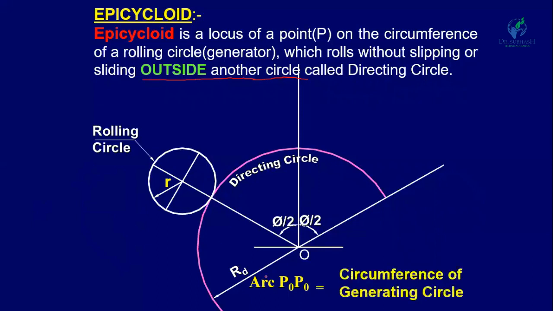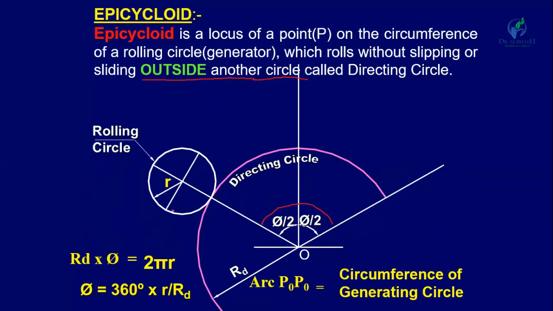Now here this arc P0P is the circumference of the generating circle. Therefore, you can find this angle phi. RD into phi is equal to 2 pi r. Therefore, this angle phi is equal to 360 degrees into small r upon capital RD.